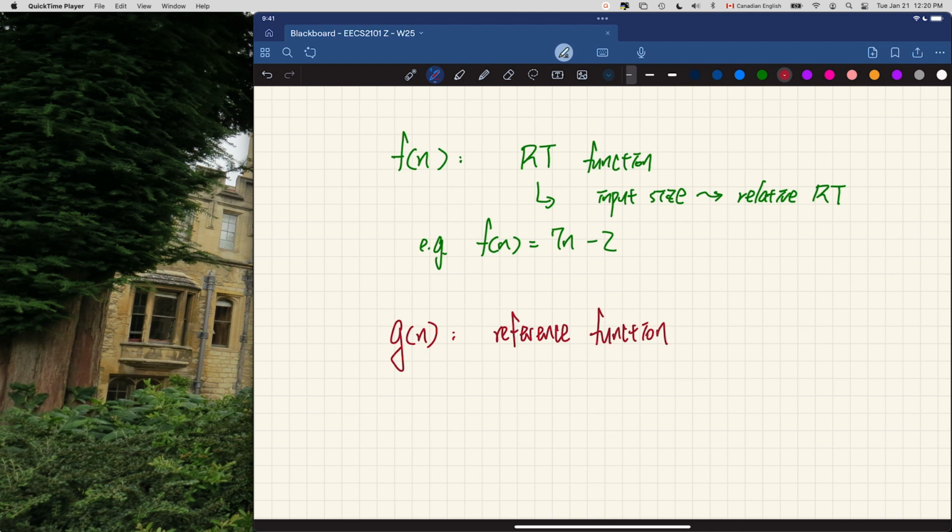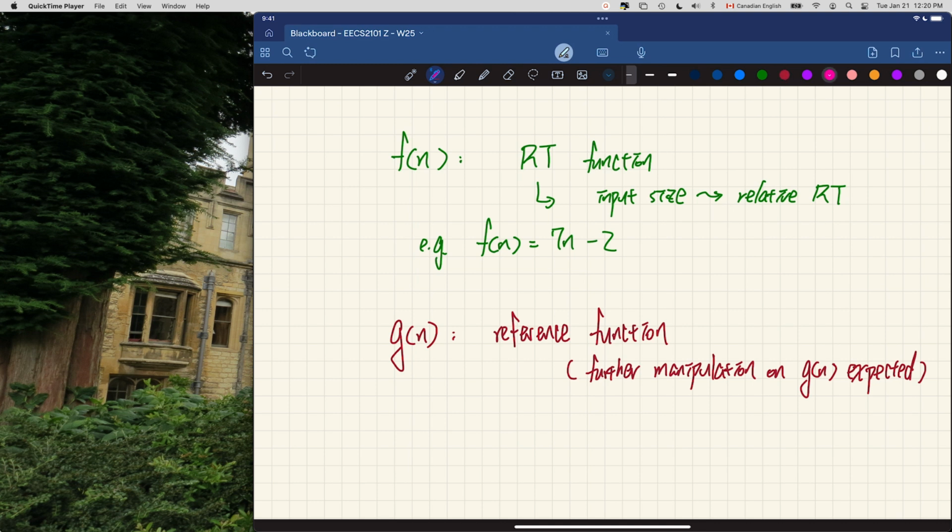Okay. So for this reference function here, you will expect certain manipulation on that. I'll just put it here. Further manipulation on g of n expected, usually. And the specific manipulation we are talking about here is change the slope of g of n.